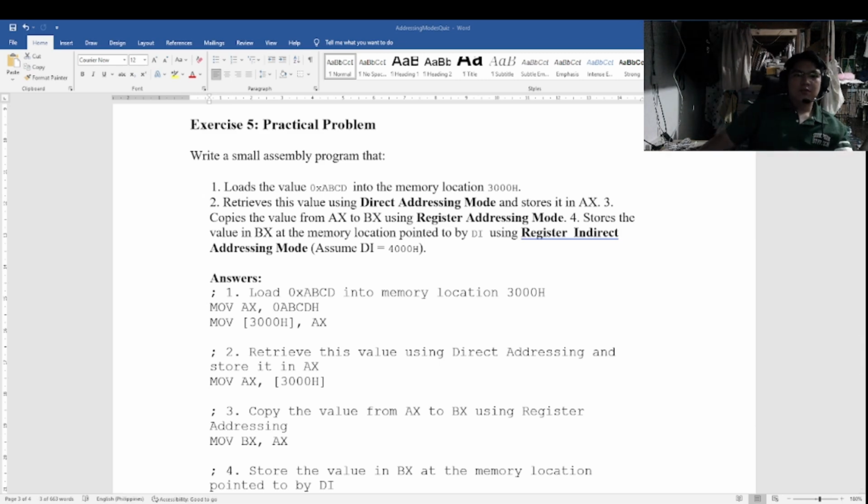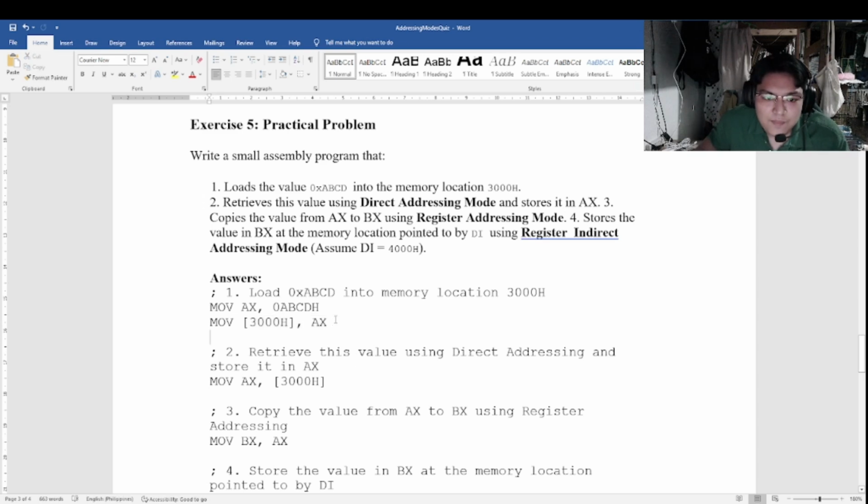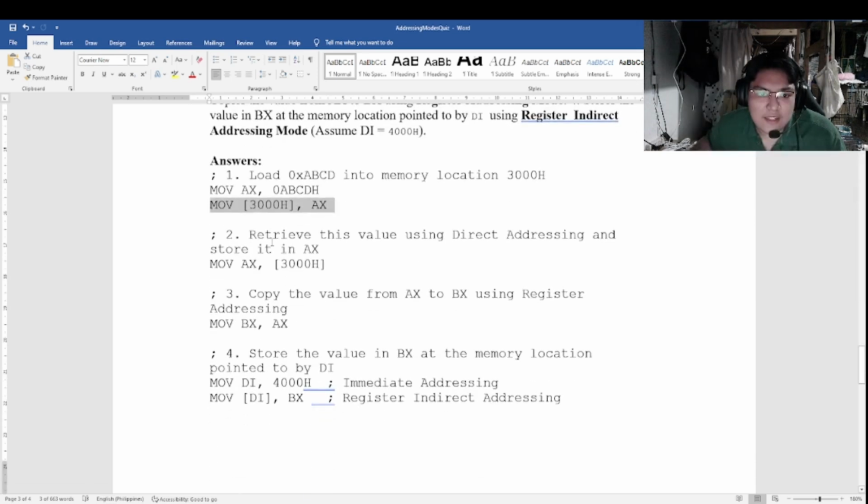For the first one, MOV AX, 0ABCDH, this instruction correctly loads the immediate value 0xABCD into the AX register, and this is an example of immediate addressing. And for the second part, this instruction stores the value in the AX register into memory location 3000H, and it is an example of direct addressing.